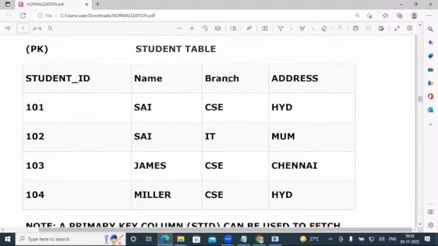Student ID, name, branch, address. Total 4 columns. In these 4 columns, one column is the primary key. Which column? Student ID. Now tell me, with the help of student ID number, can I get all the information about a student? Yes or no? I don't know your name, I don't know your father's name, I don't know which branch you are in or how much you scored. But I know your hall ticket number. With your hall ticket number, can I see your entire data?